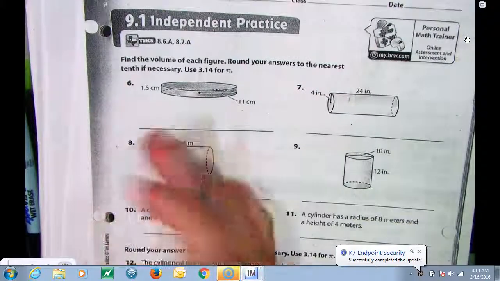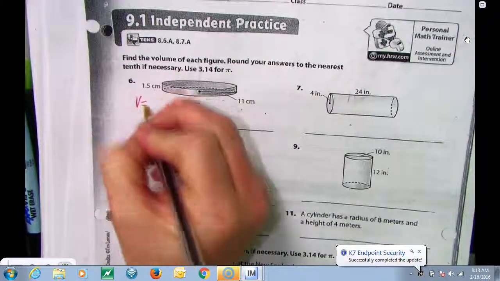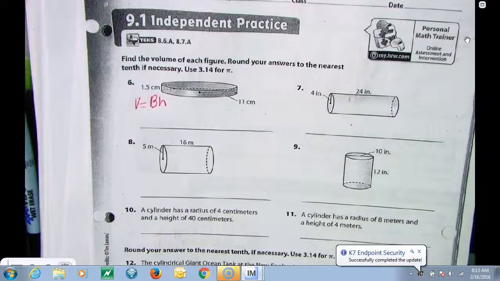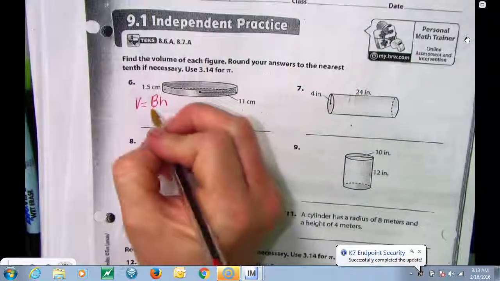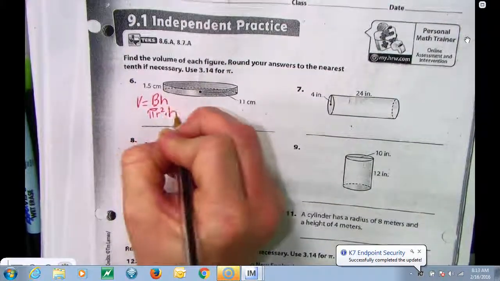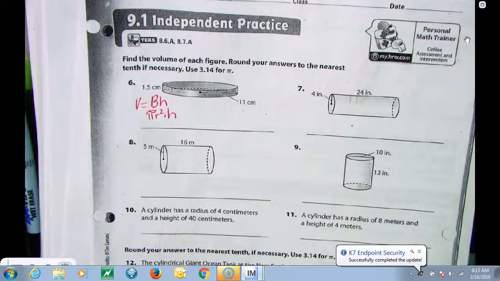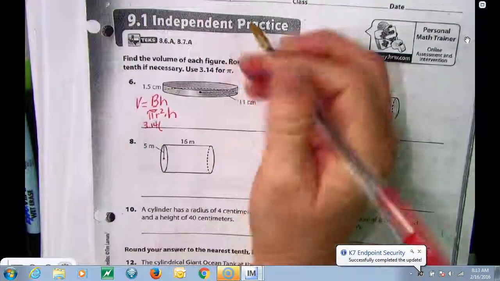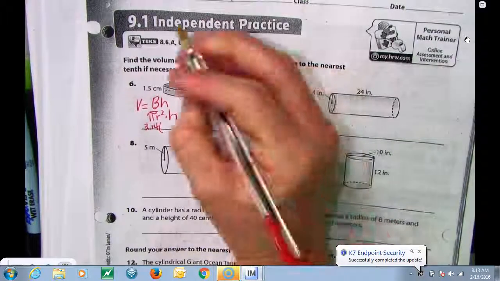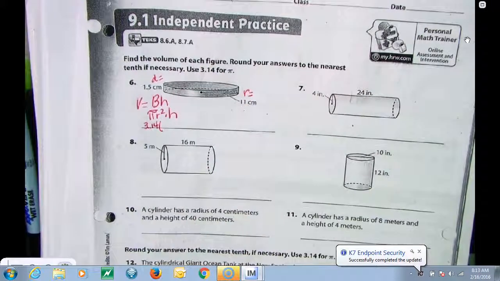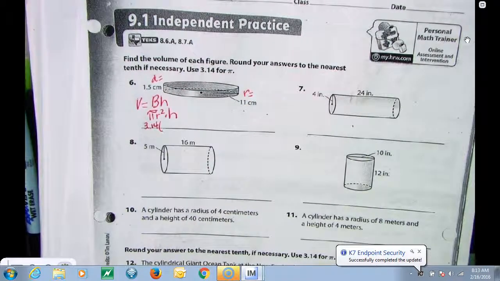Okay, so let's do number 6. Volume is what? Area of the base times the height. So under the V, we're going to go pi r squared times the height. 3.14. Let's go to the thing and label. So that's the diameter, and the radius is 11.